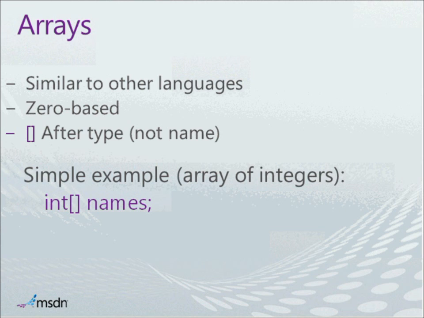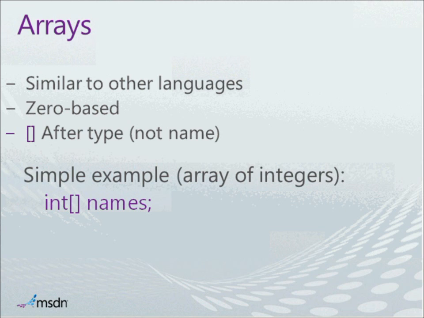The way we define an array in C# is relatively simple. We declare our type, and we tell it that we want to include the ability to have multiple elements within that particular object. We do that by adding open and close brackets after the type of object that we're declaring, and then we give it the name, similar to a normal C# variable declaration.